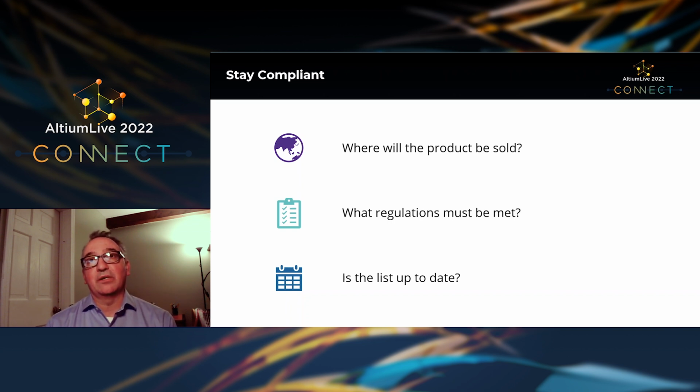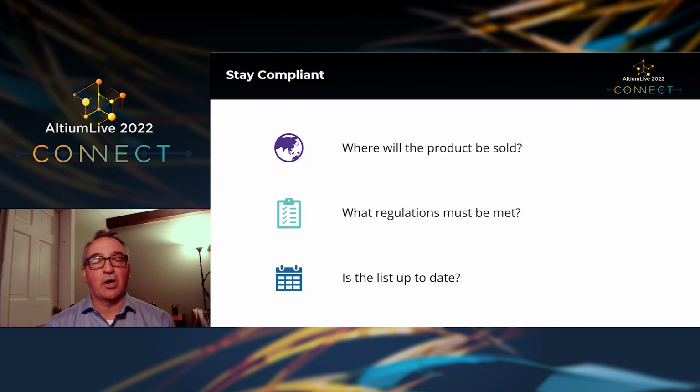What does that mean for you? Have you got all of that information? Do you need somebody else to do that for you? What are the regulations that you have to meet? Are there any new regulations that are coming up? We talked about Brexit and how that can change things, because they're no longer going to be going by the same rules as the rest of the European Union.